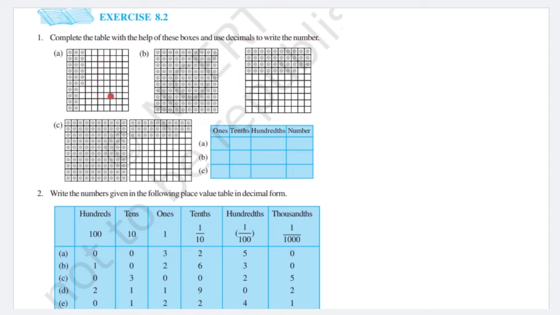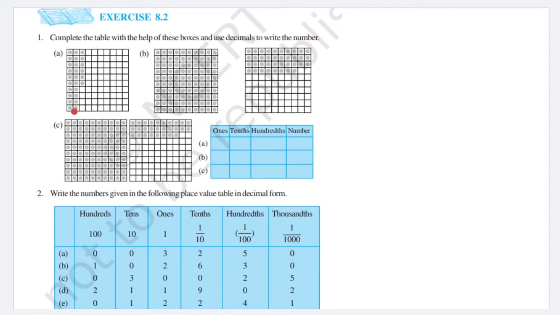See the first one, there is no full block.